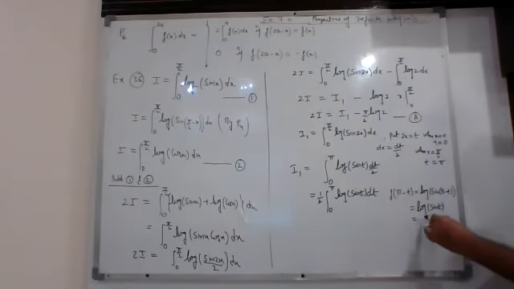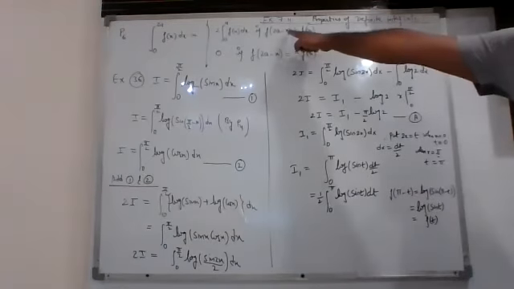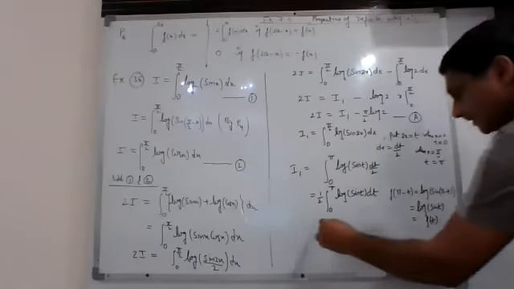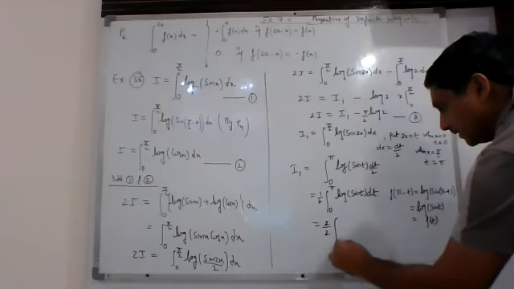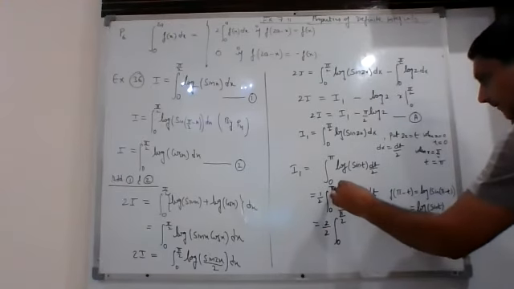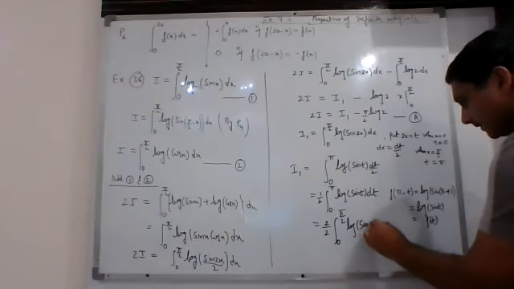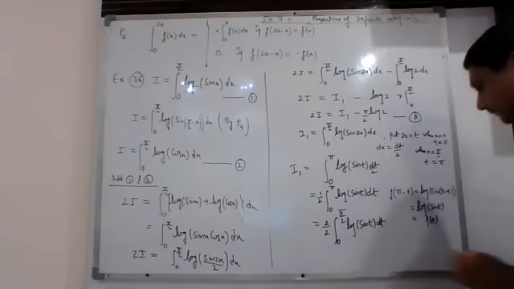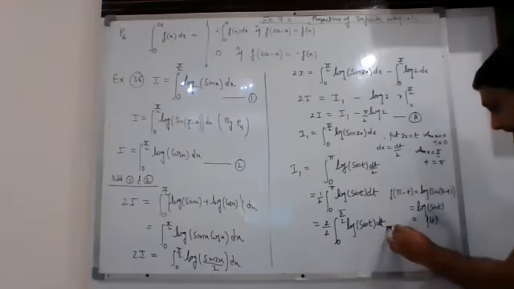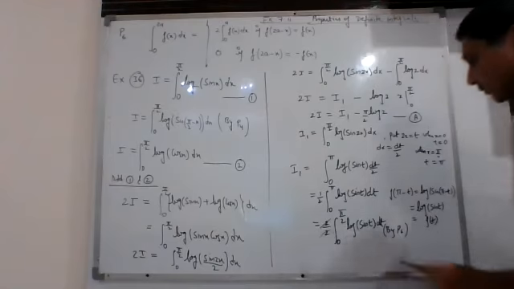Now this is nothing but f(t). So I can apply the first definition of this P6 property. So I can restate this as 2 times the integral from 0 to half of the upper limit. Here the upper limit is 180, so its half will be 90, of log sine t dt. This I had written by using P6 property. So this 2 and 2 will cancel out.